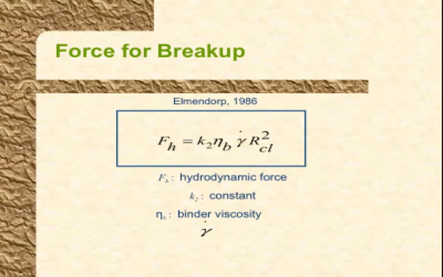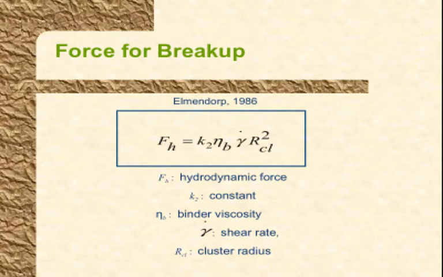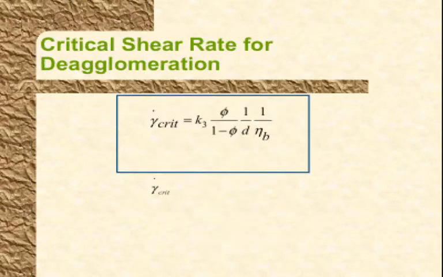So it depends on the viscosity. The higher the viscosity, it turns out, the more easily the force can get transmitted at any given shear rate. And of course, larger clusters are going to require a higher force to break down. So if you balance those two equations, basically you'll get a specific critical shear rate where those two forces are equal.